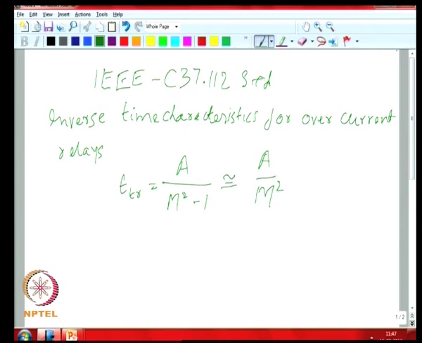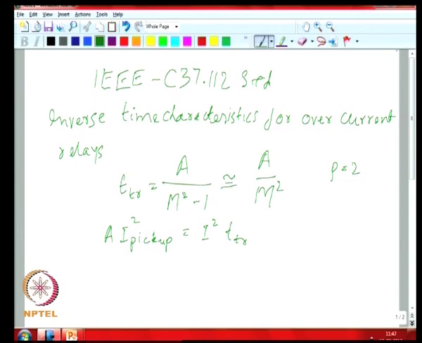So, you have a into I pickup square is equal to I square into T T R. So, essentially what you get for p equal to 2 is a characteristic of I square T being a constant, which is similar to that of a fuse characteristic.